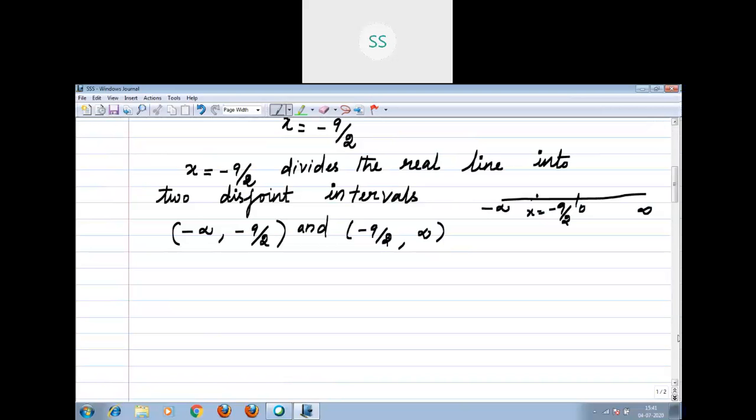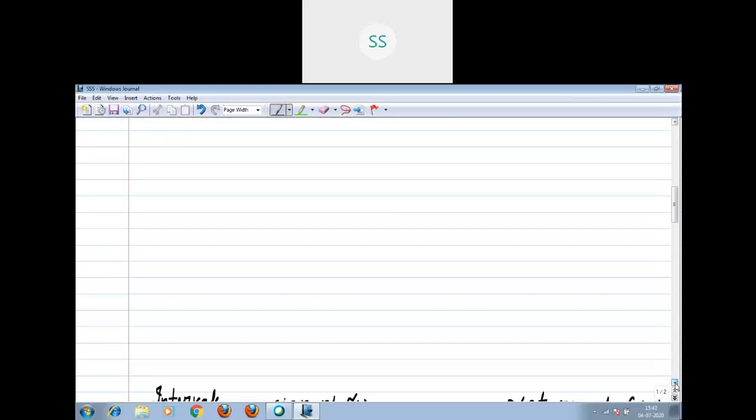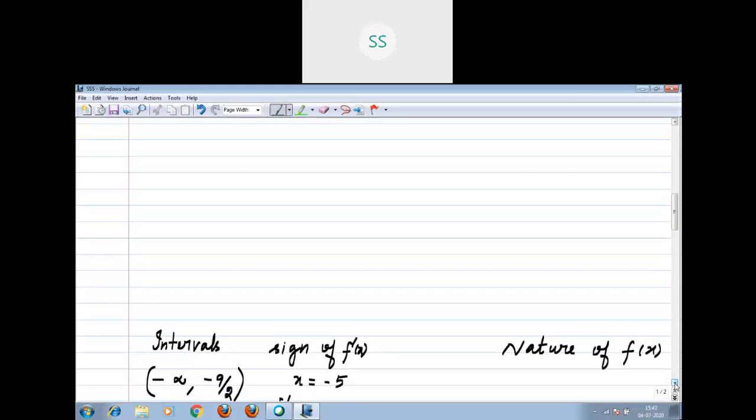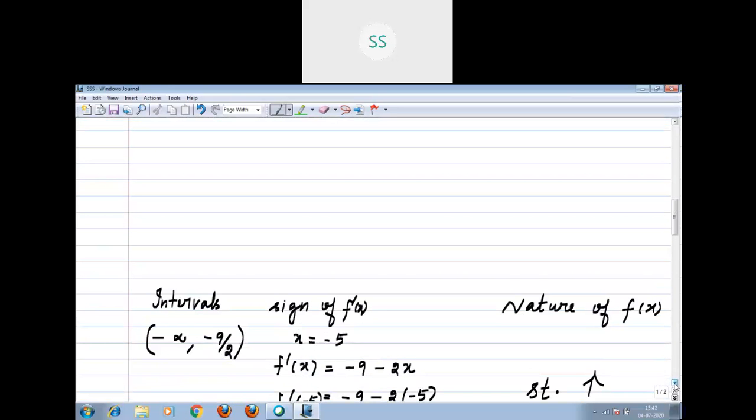The line divides into two disjoint intervals, that is minus infinity comma minus 9 by 2, and minus 9 by 2 comma infinity. Then using the sign of f dash of x, we find the nature of f of x in minus infinity to minus 9 by 2.